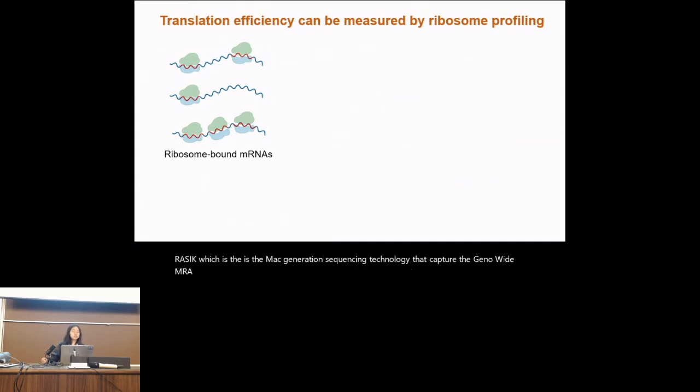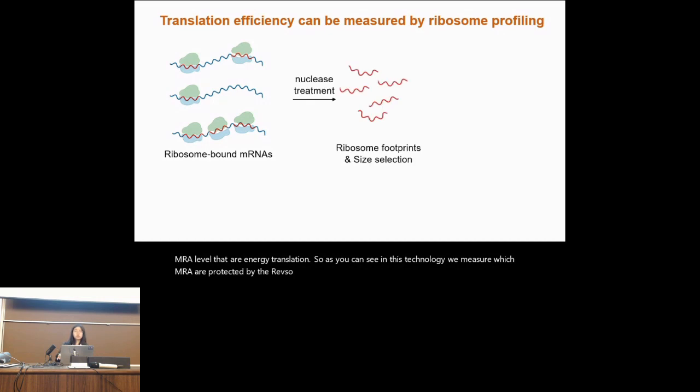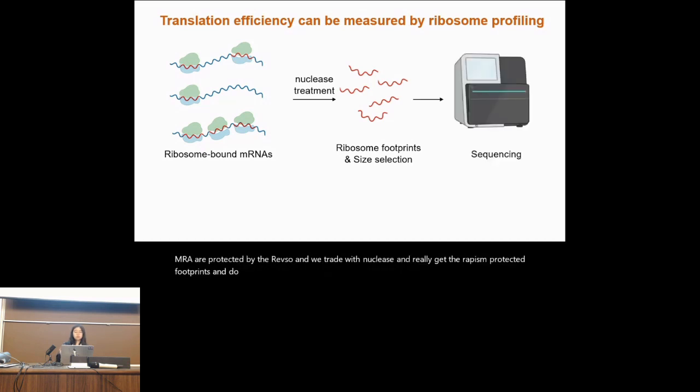In this technology, we measure which mRNAs are protected by the ribosome. We treat with nuclease to get the ribosome protected footprints, do the size selection, and then do the sequencing. This is the method by which we get the ribosome bound footprints.